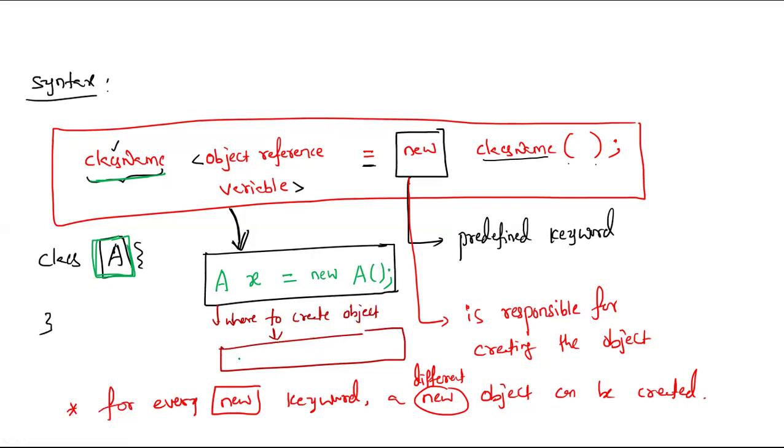Outside a method, it's never possible. Yesterday we also discussed that a print function must be used inside a method only. Outside a method, it's not possible. Similarly, it is allowed to create an object in Java inside a method only.